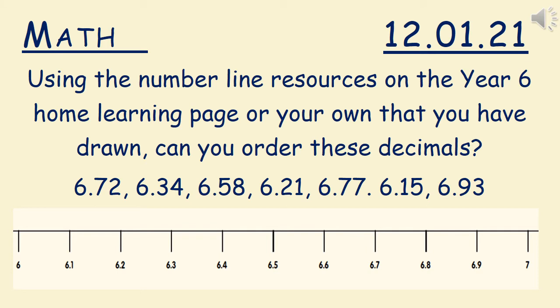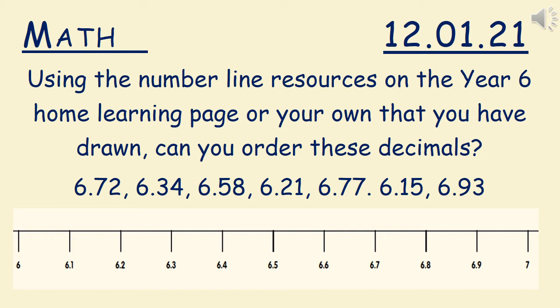So, your decimals that I'd like you to order are 6.72, 6.34, 6.58, 6.21, 6.77, 6.15 and 6.93. I'm going to give you a little bit of a help out.